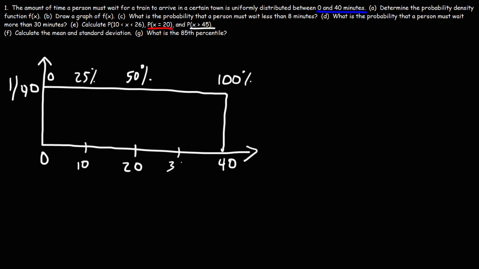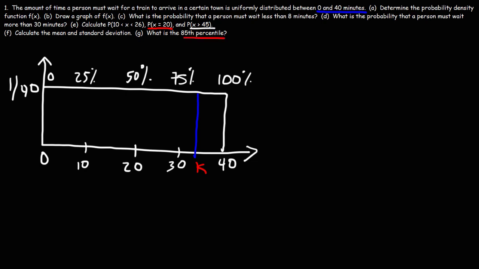And 30 is at the 75th percentile. So the 85th percentile is somewhere between 30 and 40. Let's call that value k. So k is the value that we're looking for that corresponds to the 85th percentile.